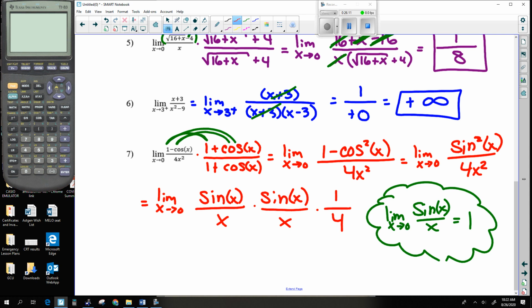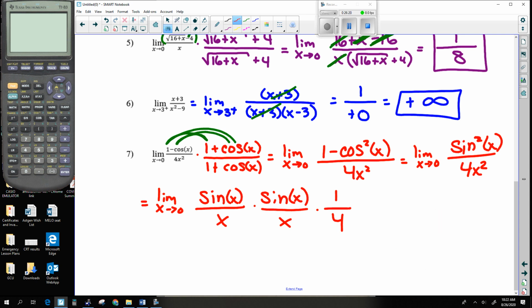So the numerator is sine squared, the denominator is x squared, or 4x squared. All right, so what I see, now I can take this limit, so this is going to be 1 times 1/4.